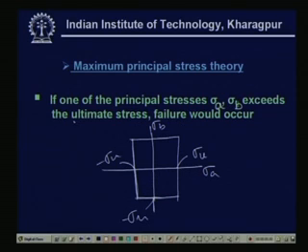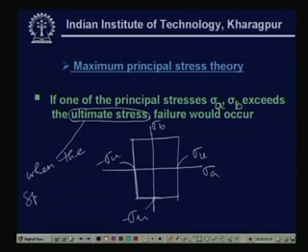Now, this ultimate stress, to be more specific, is defined when the specimen is in a tension test.